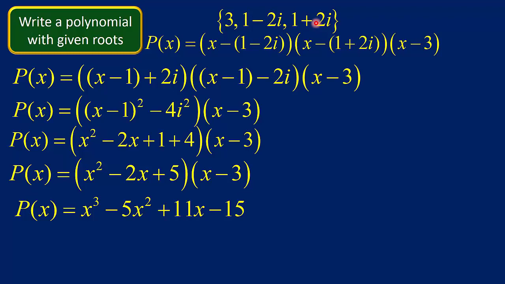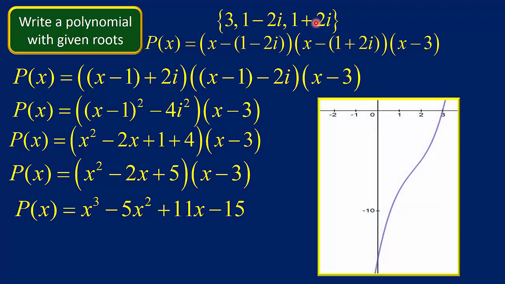And notice it's a third degree polynomial. And the graph of it looks something like this. We have a y-intercept down here, and here's that one real root right there. But here's the thing, what the fundamental theorem of algebra tells us is that if we have a polynomial with complex coefficients, an nth degree polynomial, there's going to be n complex roots.